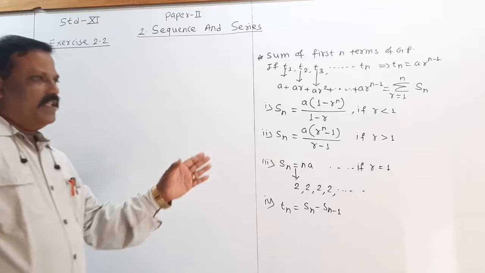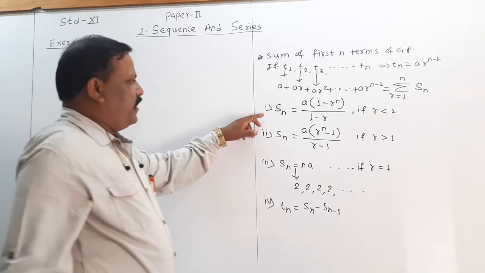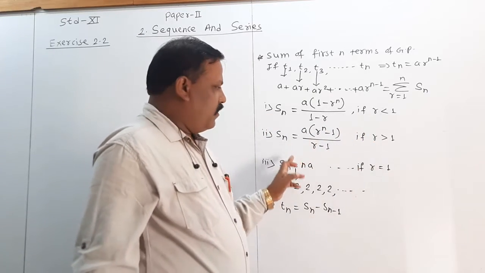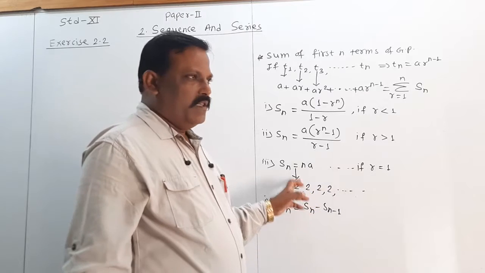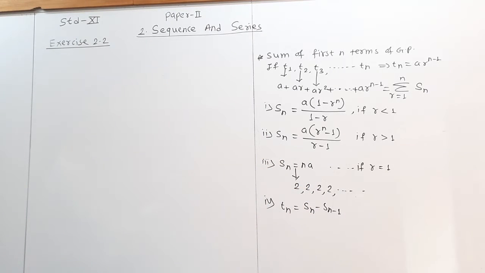So these are the formulas which are required. These are very important. Sn for r less than 1, r greater than 1, r equal to 1. These three formulas are the basis of the sum of the geometric progression.